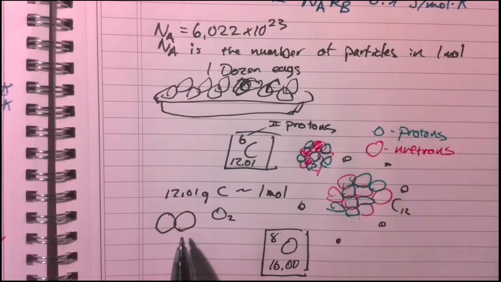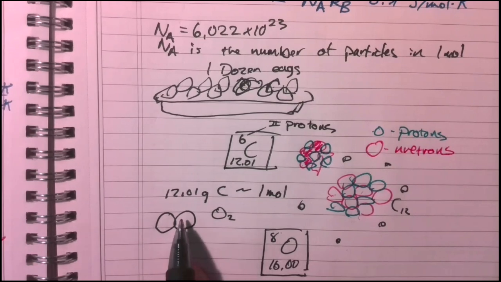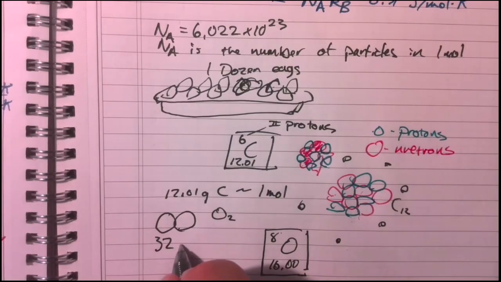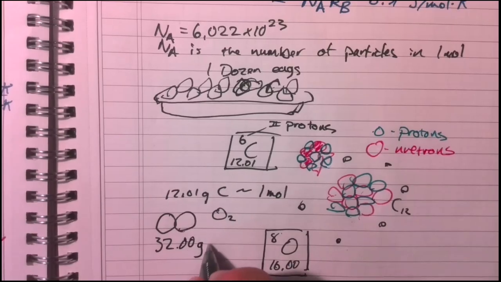Whenever you encounter oxygen in your life, it's always going to be O2. So for the molar mass of oxygen, there are 2 oxygen atoms, and so we just double the mass here. This would be 32.00 grams per mole.